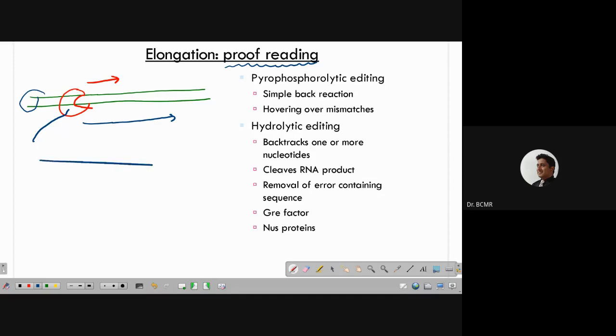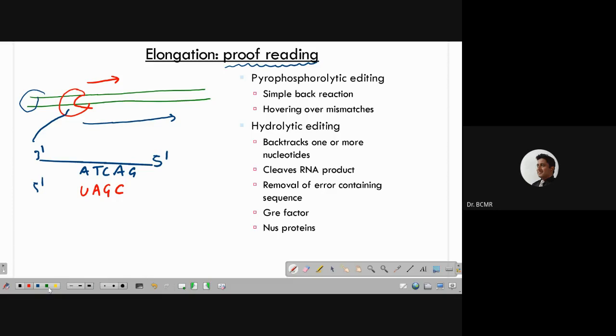First of all, if you have a T, C, A, G, and polymerization is happening in this direction, say this would be 3 prime, and this is 5 prime. If RNA polymerase is synthesizing U, A, G, and C, it doesn't add a wrong base typically.